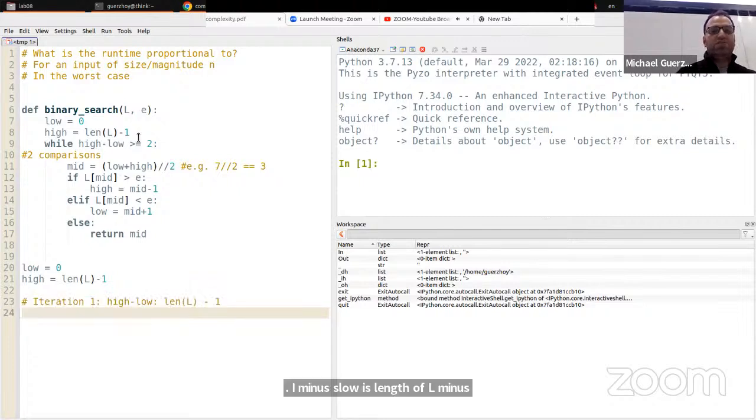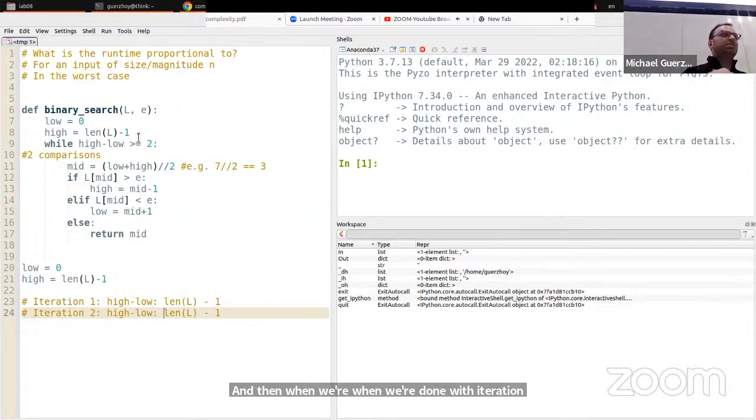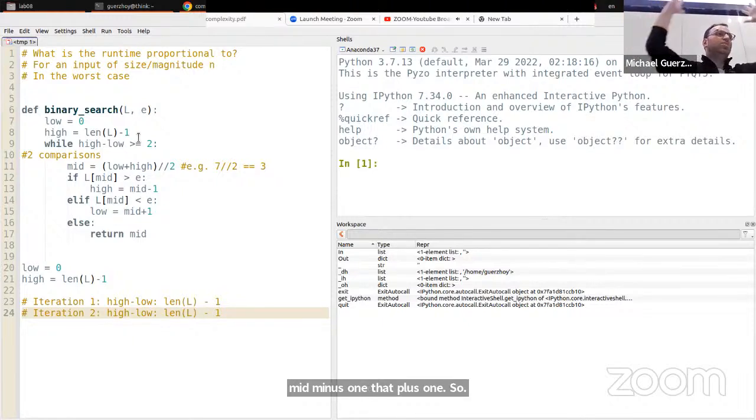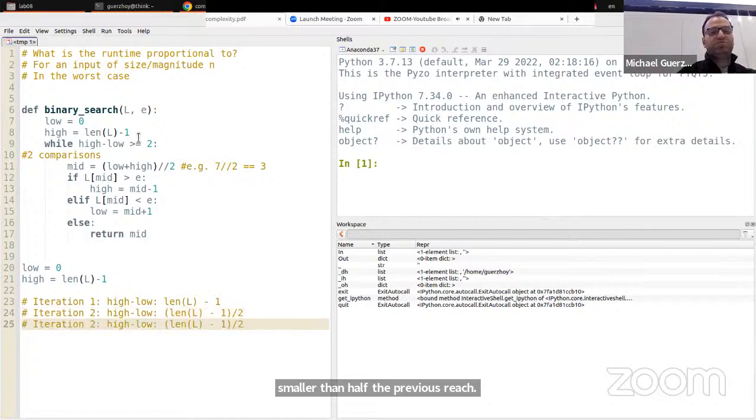When we're done with iteration 2, high minus low is going to be twice as small. In fact, a little bit smaller because we're doing mid minus 1, mid plus 1. So the distance between low and high is a little bit smaller than half the previous range, but approximately this much. And then iteration 3 is going to be approximately, in fact, less.